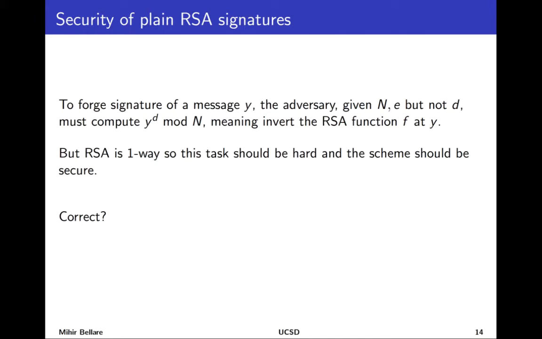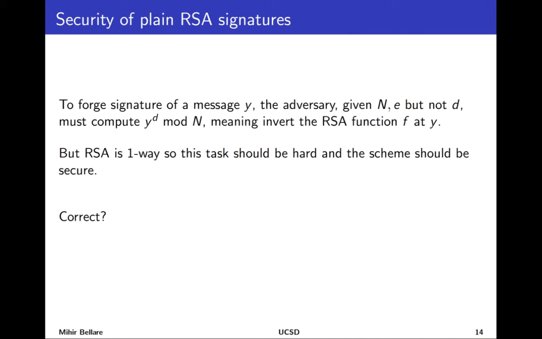And we can ask ourselves, what did they think about security in that case? Well, the way they thought about it is, if you want to forge the signature of a message, call it Y, and you have the public key but not the secret key, you have to raise Y to the power D mod n, that's the signature.